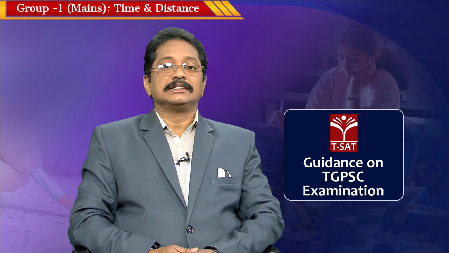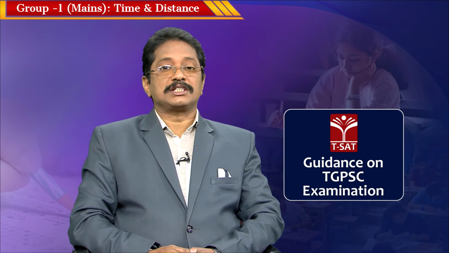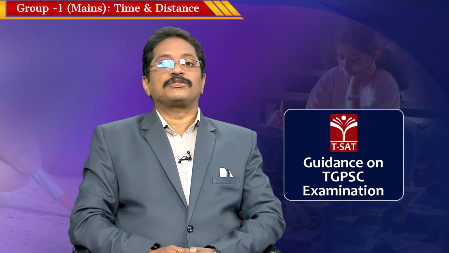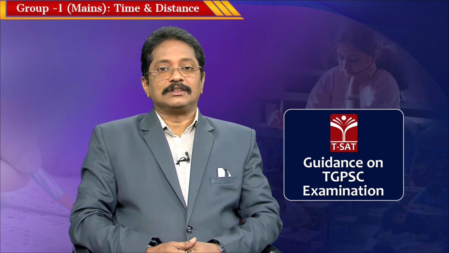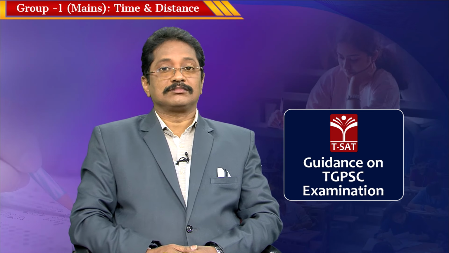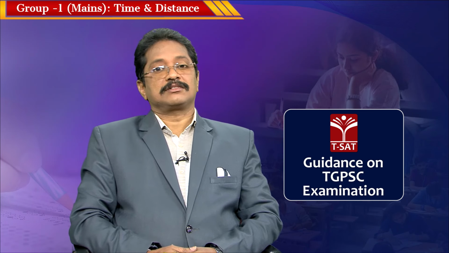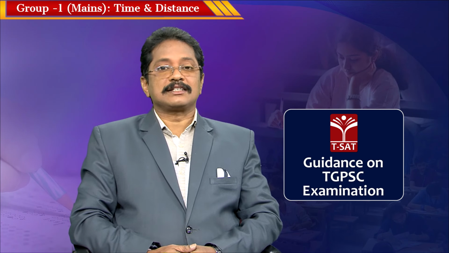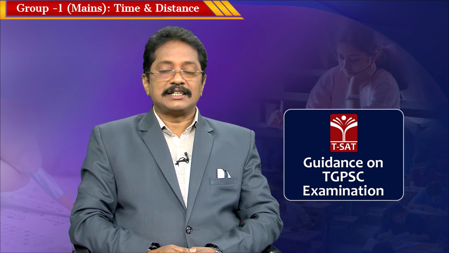So maybe out of 5 questions, with 5 each, 25 questions are possible to answer, because there is a lot of syllabus and a lot of concepts. So the paper setter can ask many areas and many questions in this particular Data Interpretation and Problem Solving.